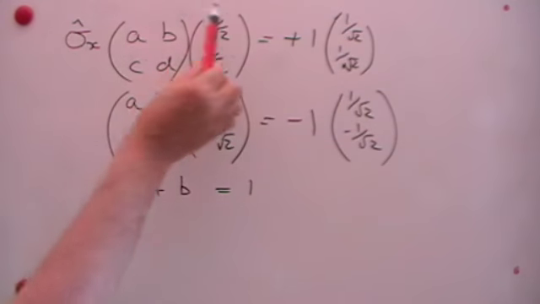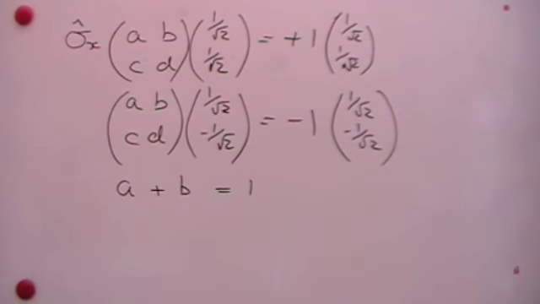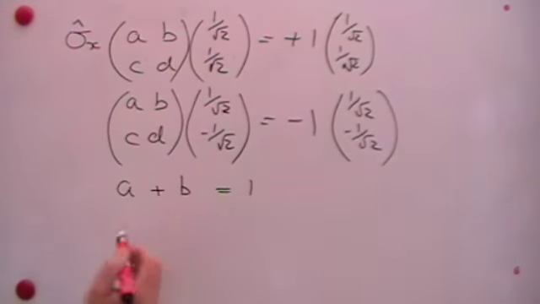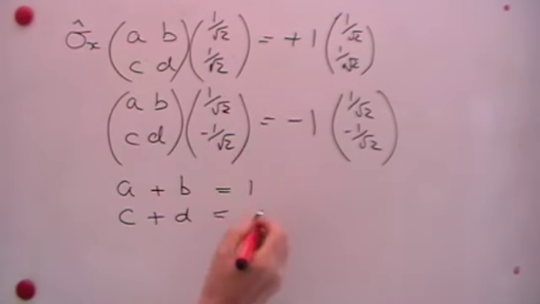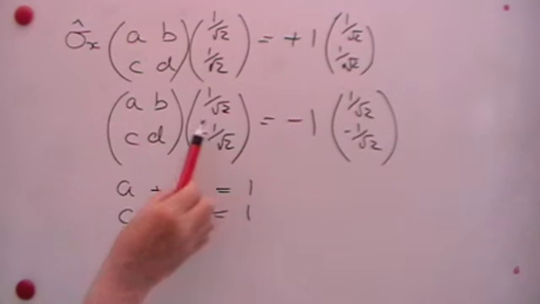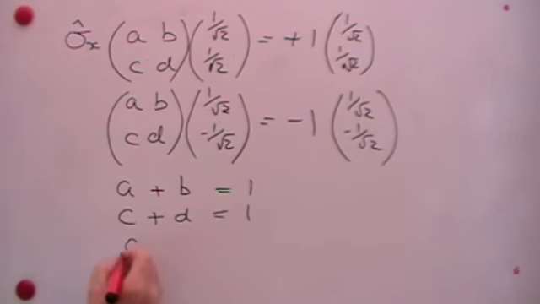Right? I could have said A over root 2 plus B over root 2 equals 1 over root 2, but then I could cancel root 2's in each case. So let's save time. And then I've got C times 1 plus D times 1, which is just C plus D, is equal to 1. From here I've got A times 1 minus B times 1, so that's A minus B equals minus 1.